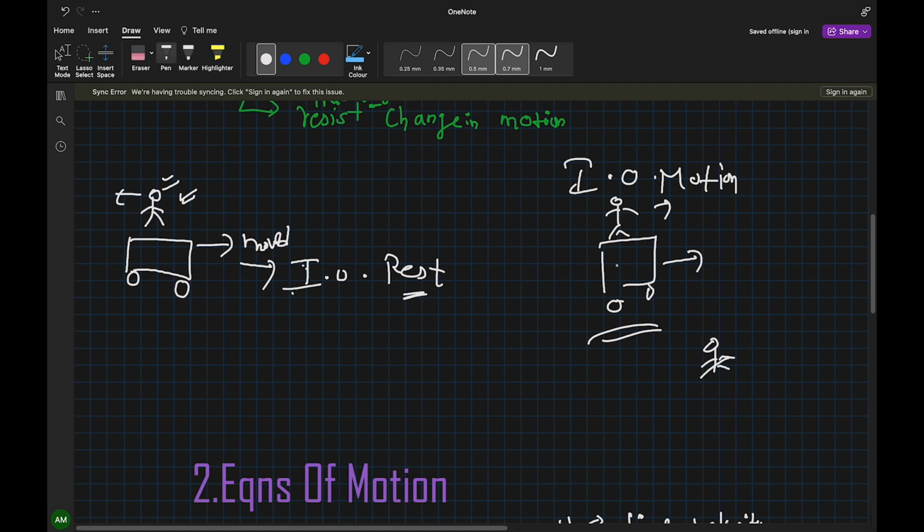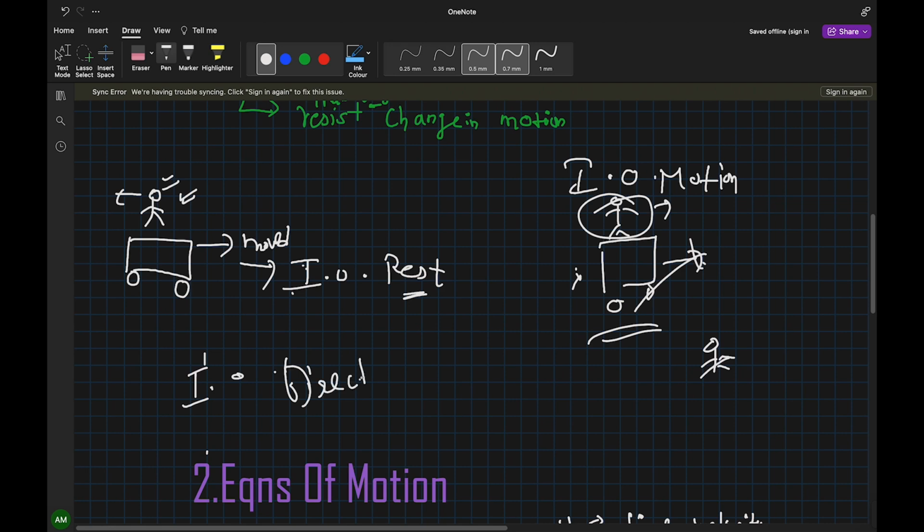But suddenly if the car stops, your body too is in motion. It can't resist the change in motion. So your body wants to keep on moving, but the car has stopped. So suddenly you feel like you move forward. Clear? Now, there is something called inertia of direction.